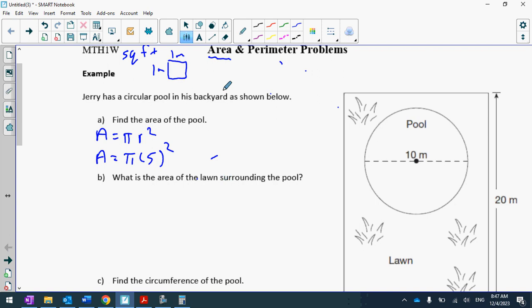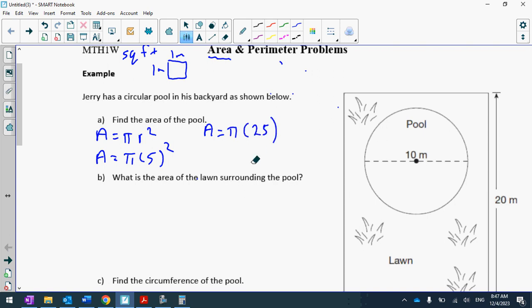Now pi is approximately 3.14, or you can use a pi button on your calculator to get an even more accurate answer. I'm just going to do all this work on my calculator. Well, 5 squared is 25, so it's going to be pi times 25.